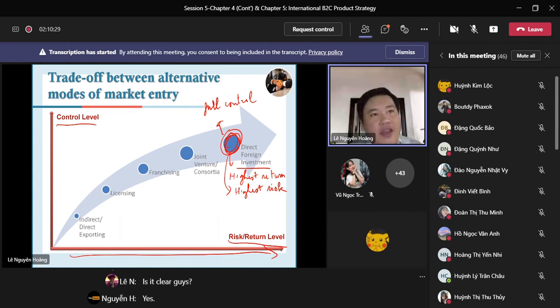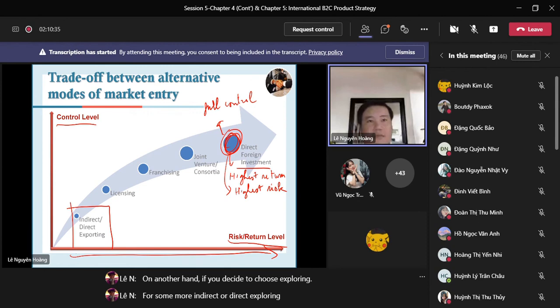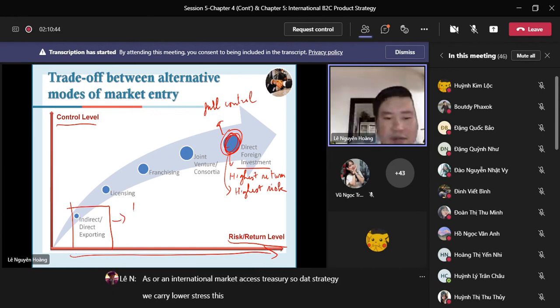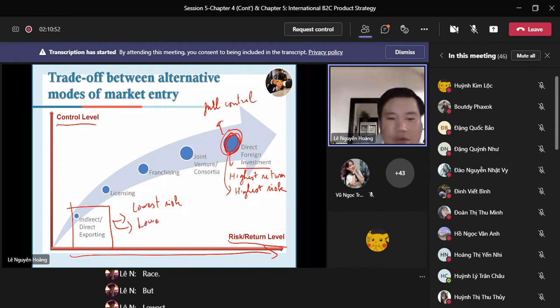On the other hand, if you decide to choose exporting, for example, indirect or direct exporting, as an international market entry strategy, that strategy will carry the lowest risk, but it gives you the lowest return.